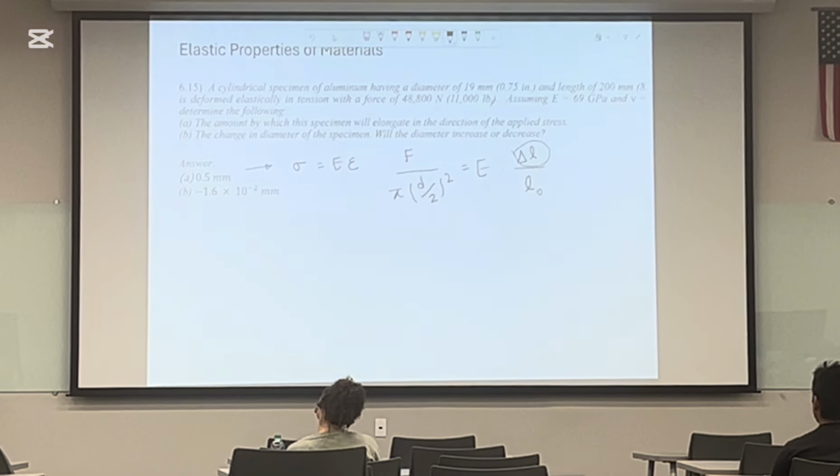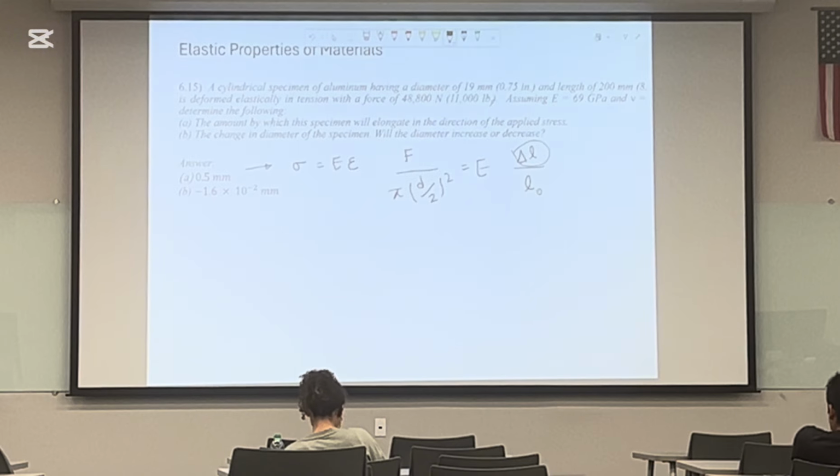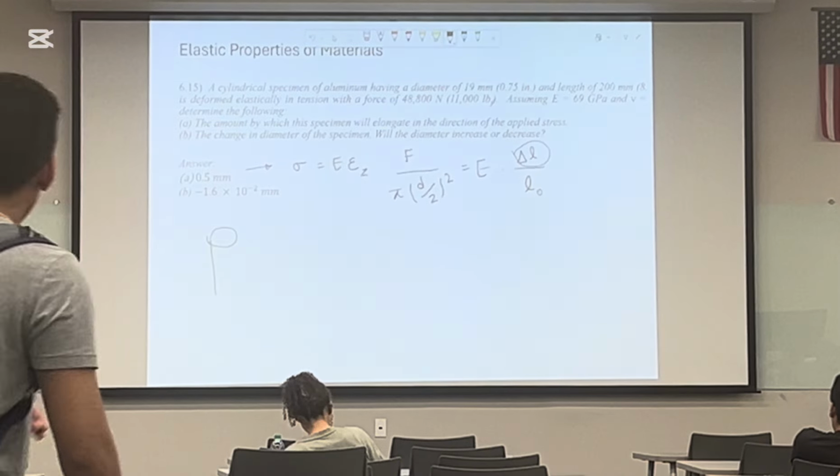So for the elongation, we use the strain in the z direction. Or if we want to write it down more specifically, this epsilon is epsilon z, which is the same direction as the tension.